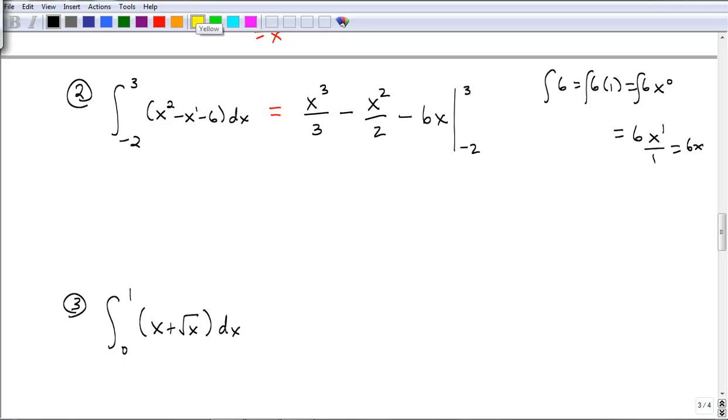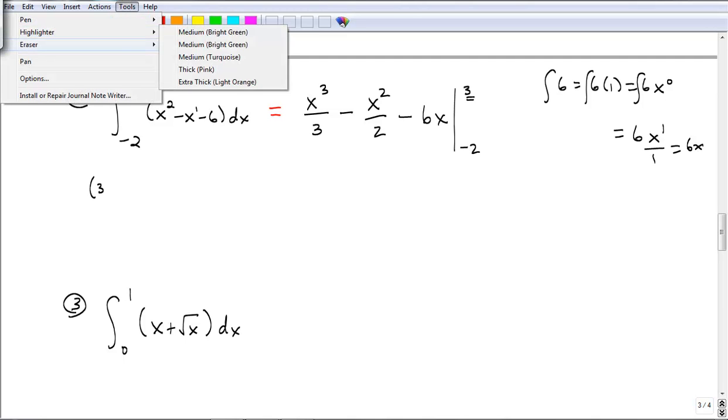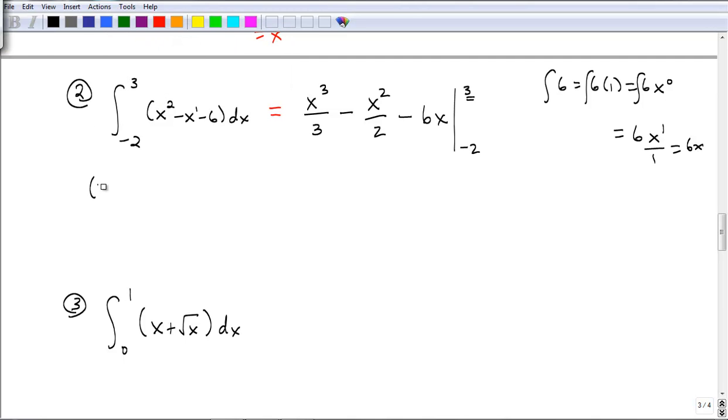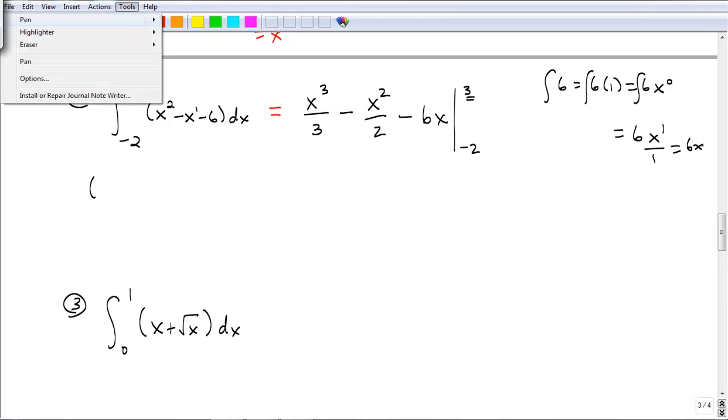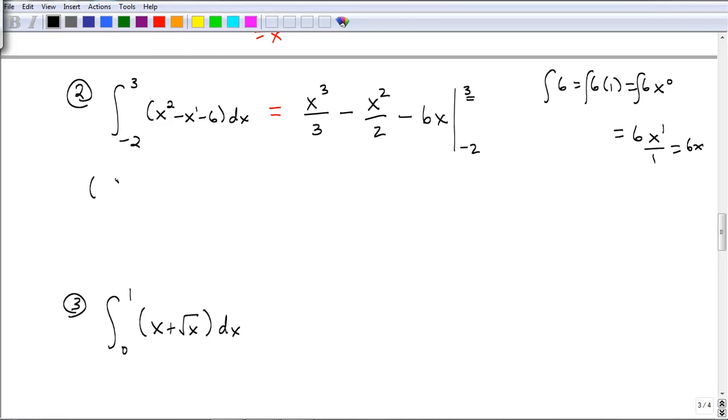So let's go ahead and plug in these bounds. First I plug in the big bound, or the top number. That's 3 cubed. Hang on, let me put these in a different color. So first I'm going to put in the number 3, wherever the x's are.